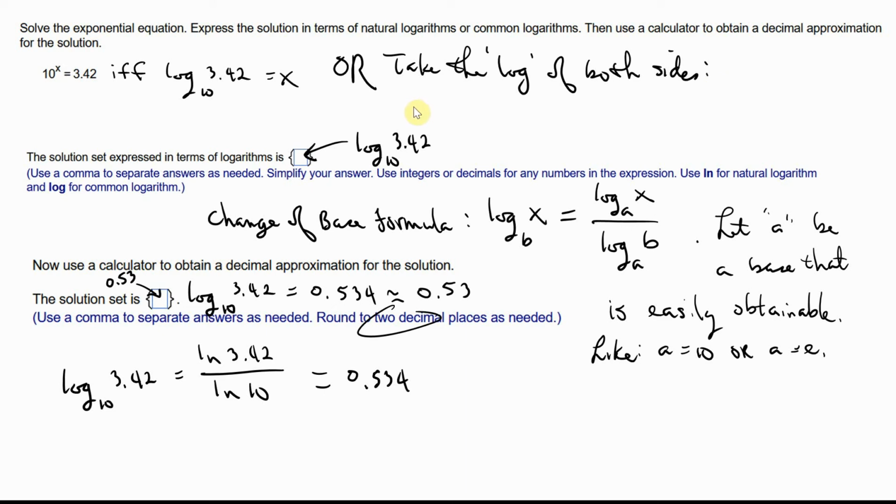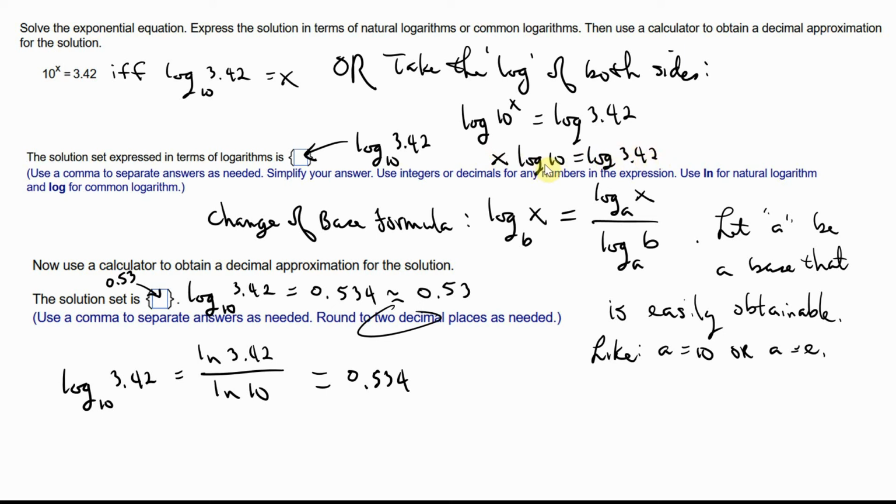Somebody write that down, man. You get some jokes. So I'm going to take the log of 10 to the x is equal to the log of 3.42. Make that x the multiplier. So this is x times log of 10 is equal to log of 3.42.